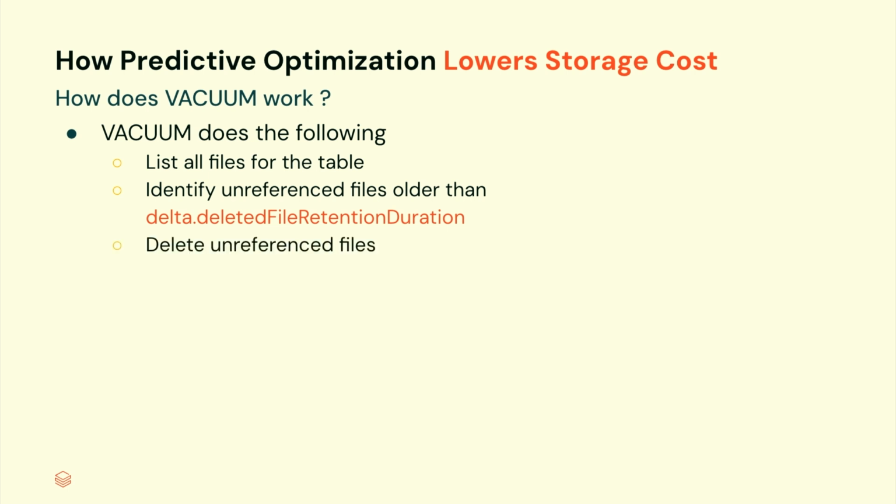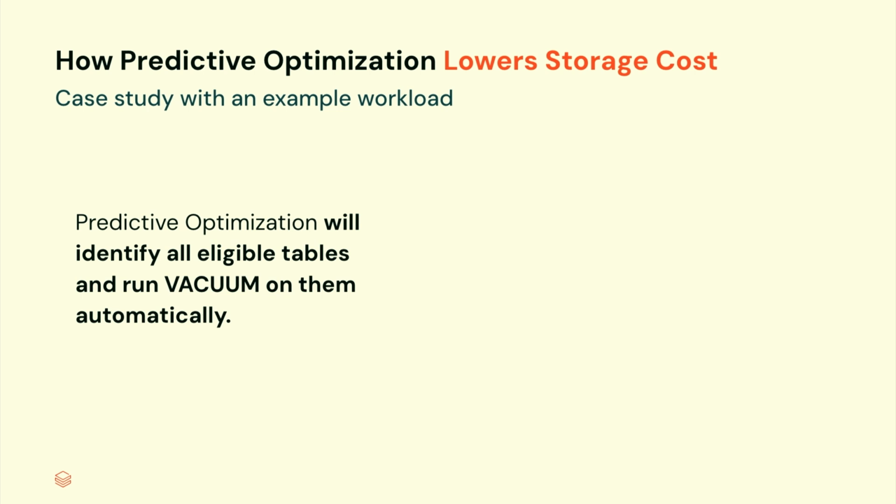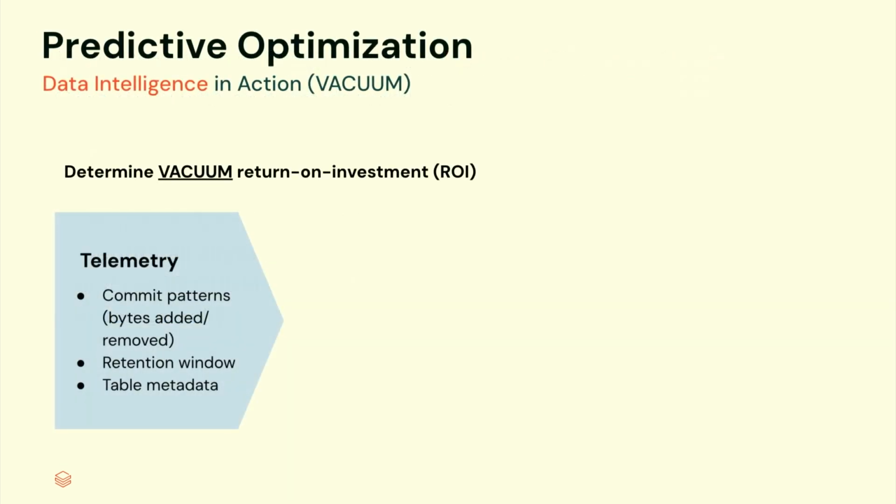So would you know what tables to run vacuum on and at what frequency? I know you guys can guess this. Predictive optimization understands your workload, would automatically identify these eligible tables and run vacuum on them automatically. Similar to clustering, let's look at how PO figures out which tables to run vacuum on.